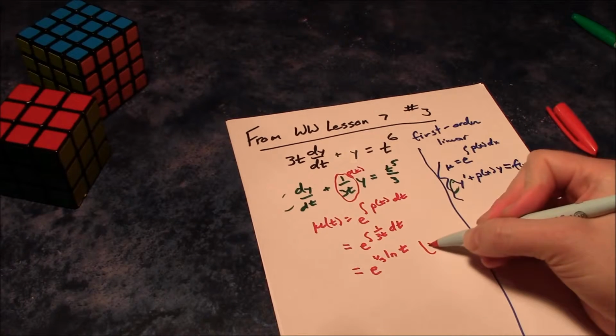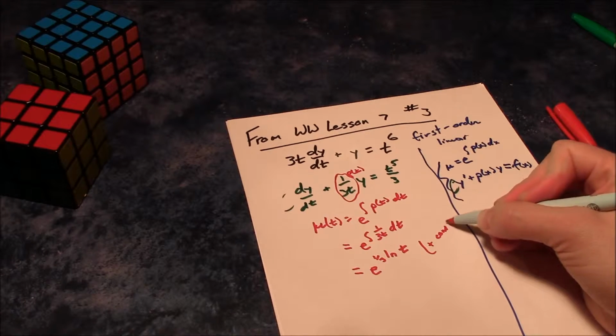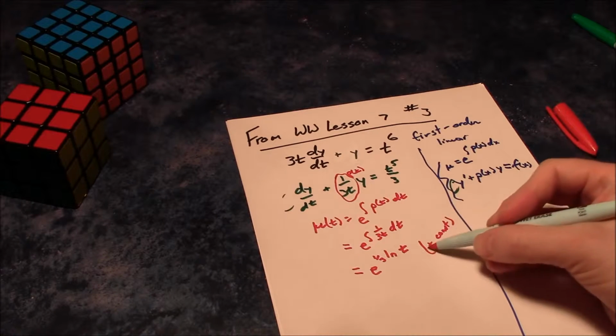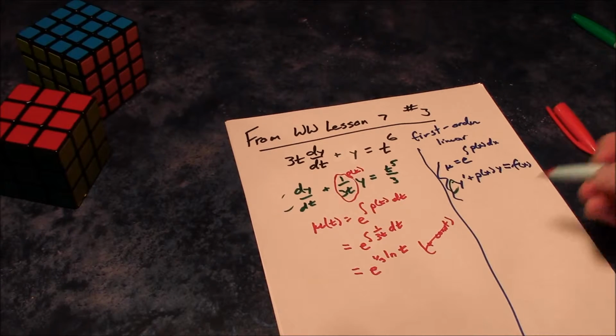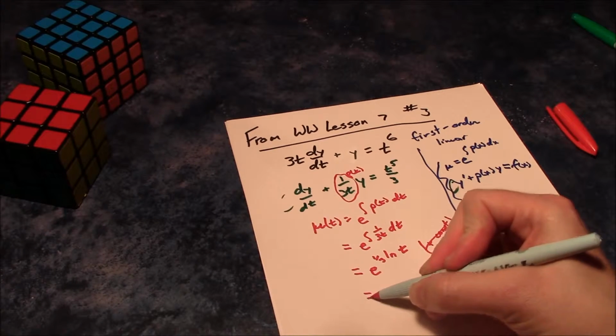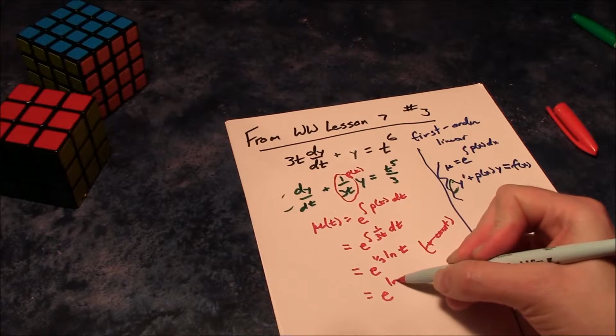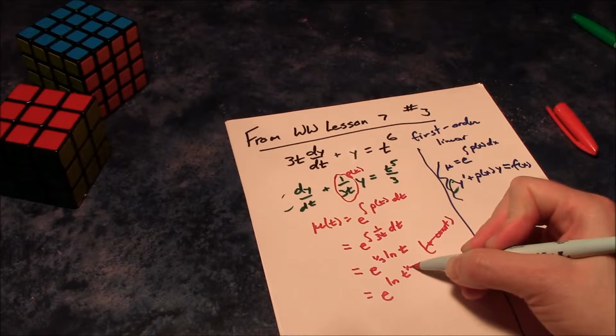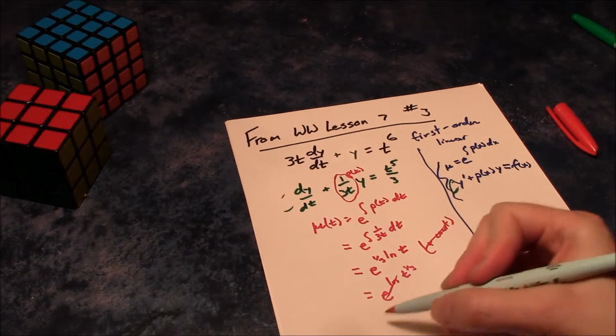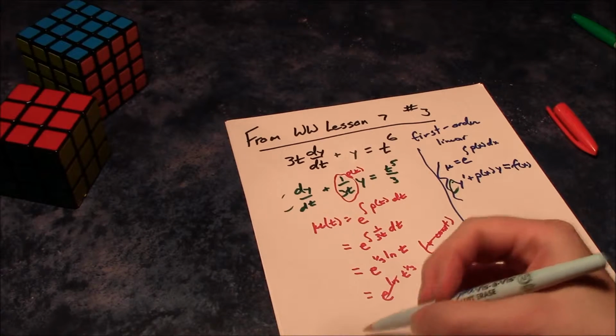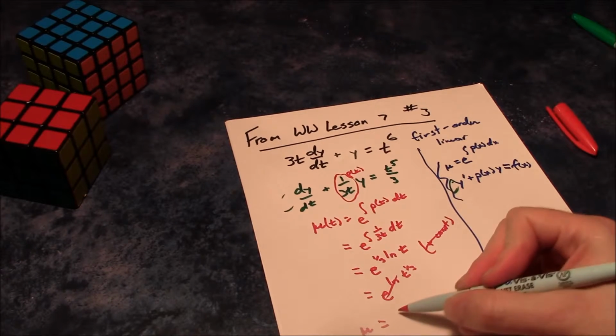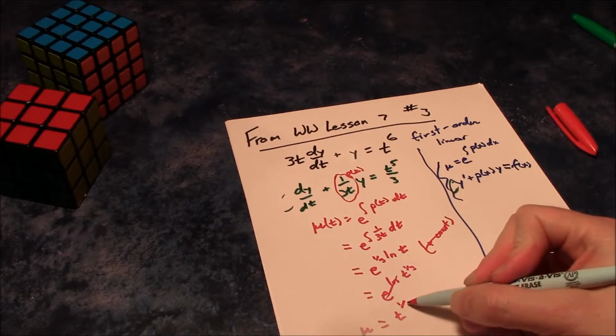And of course you've got plus a constant, but when we're doing integrating factors, you can assume the constant is 0. And then this is e to the natural log of t to the 1/3, and e to the natural log cancel, and so your integrating factor is t to the 1/3.